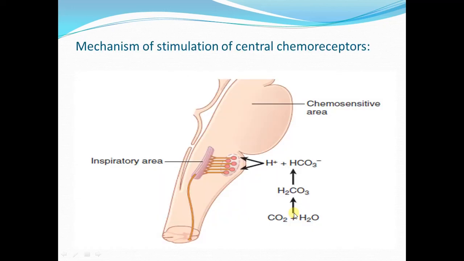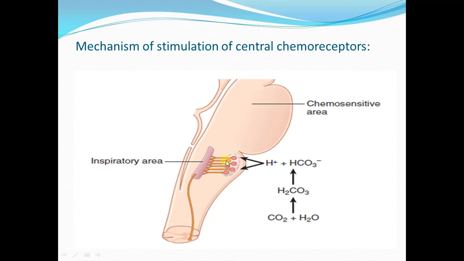Now look at this diagram. This shows us the location of the central chemoreceptors. As I just told you, the central chemoreceptors are a distinct area present 0.2 millimeter beneath the ventral surface of the medulla. So this area is the chemosensitive area, or the central chemoreceptors.